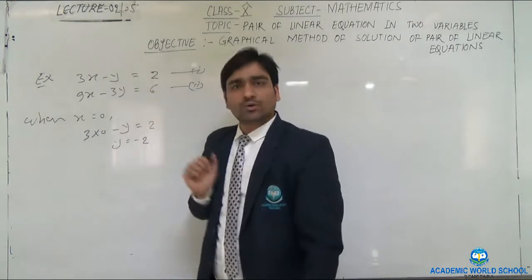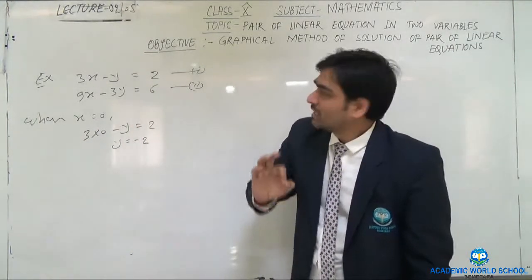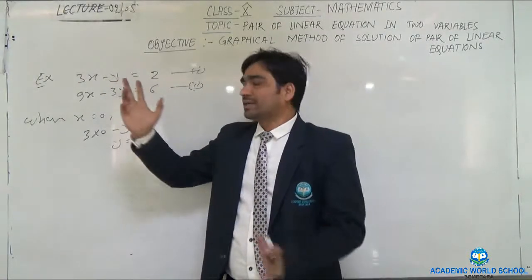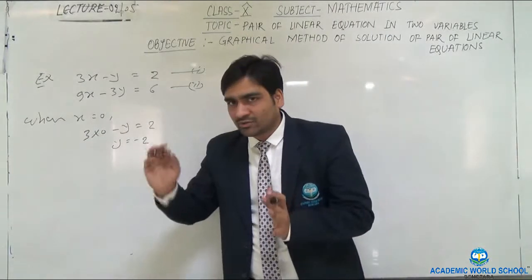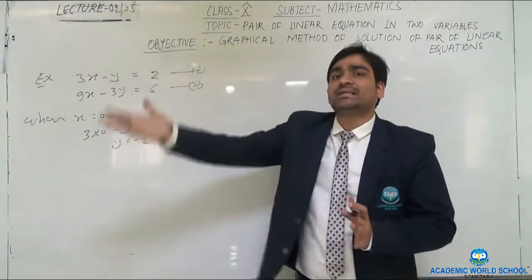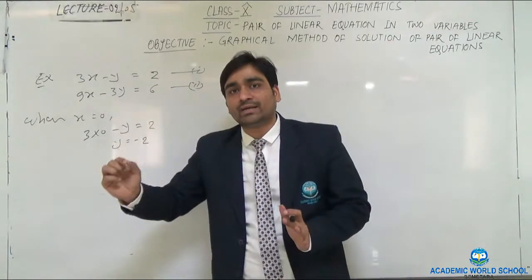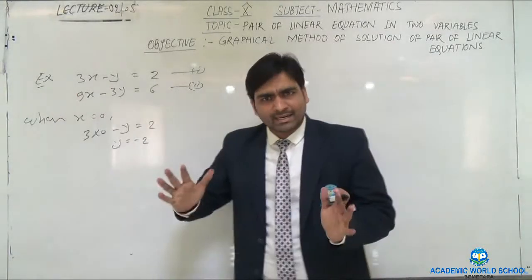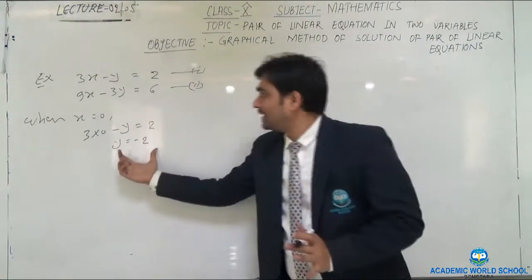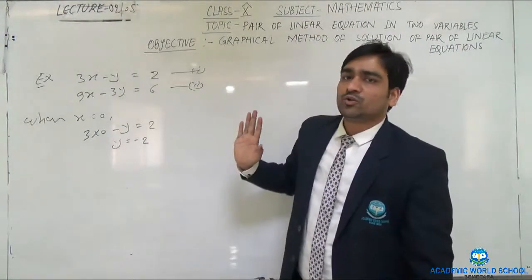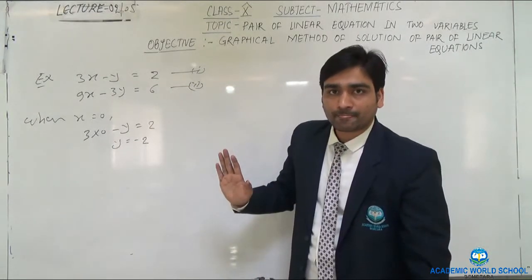Then for the second, what will you take? y equals 0, you can take, but take a value so that x does not become a fraction or decimal, otherwise it will be complicated to represent on the graph. We know how to represent decimal and fraction values on the graph, but here take a value so that x and y do not become fractions or decimals.